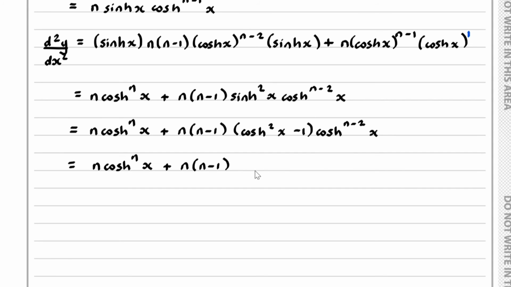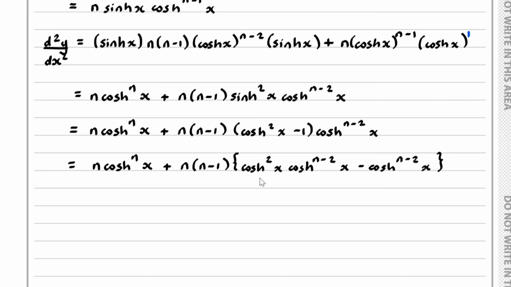well, here I've got n times n minus 1 multiplied by cosh squared x times cosh to the n minus 2 x minus cosh to the n minus 2 x.